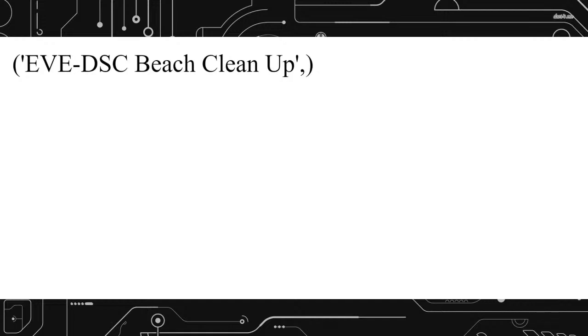Let me double check something now. So on the list, we got all the events. I'm just wondering what Replit is doing with matches. Okay. So if we refresh this, I'm going to open Replit again.